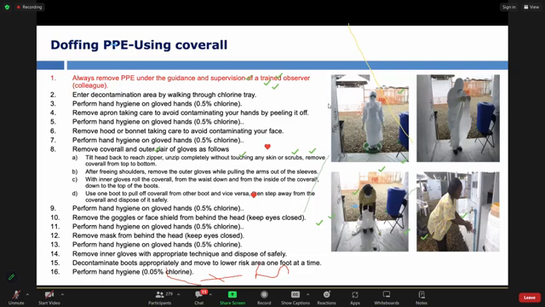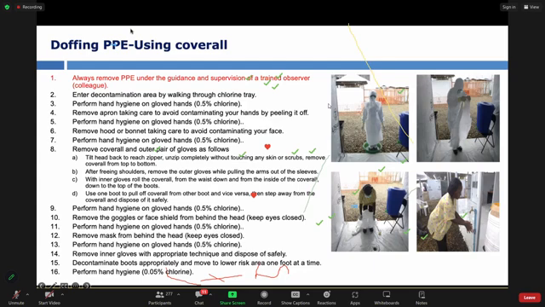Then you perform hand hygiene, the one that we went through clearly, the hand hygiene steps, using 0.5% chlorine, and then you remove the apron. It's very important to emphasize that you have to lean forward, taking care to avoid contamination of your hands as you are removing the apron. And then you are expected to perform hand washing.